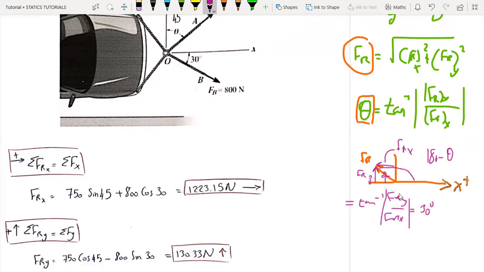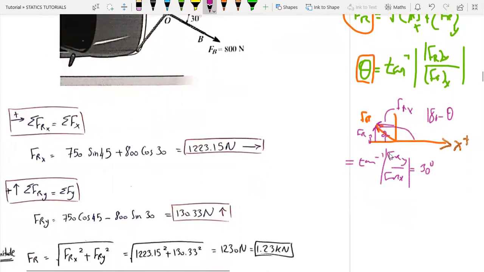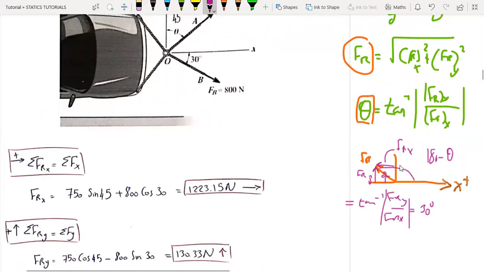So we should be careful in which quarter we are dealing with. And then after we draw our system, we can simply say it is like 90 plus theta, if, for example, we have found this theta. Here is our theta. So the angle with the positive x-axis will be 90 plus theta.